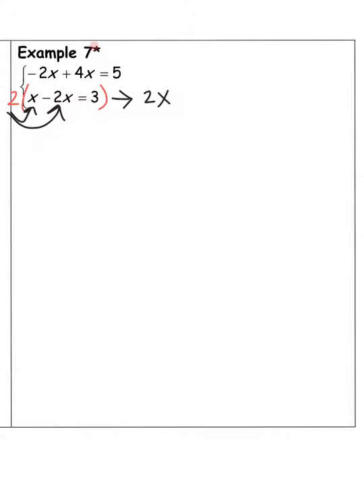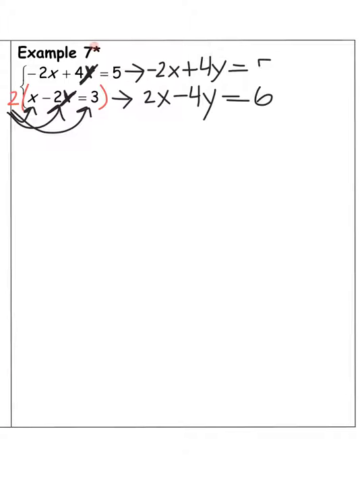Oh, I think I have a typo here, guys. This should be a y. Sorry, that should be a y. And that should be a y. My bad. Can you make that correction, please? So 2 times negative 2y would be negative 4y equals 2 times 3, and that would be 6. Alright, and then up here we have negative 2x plus 4y equals 5.